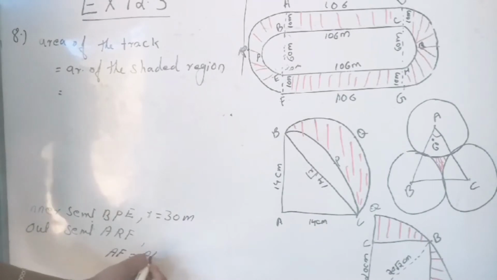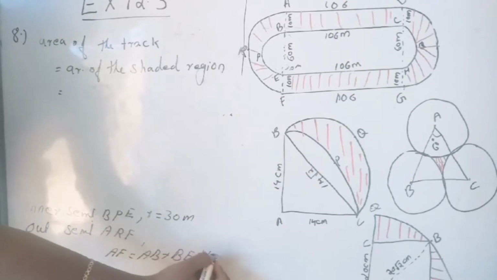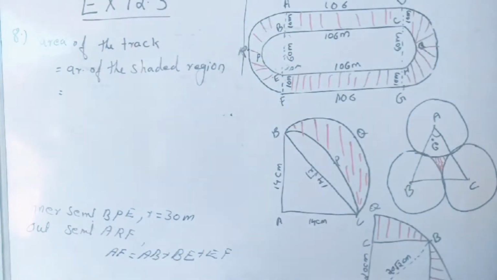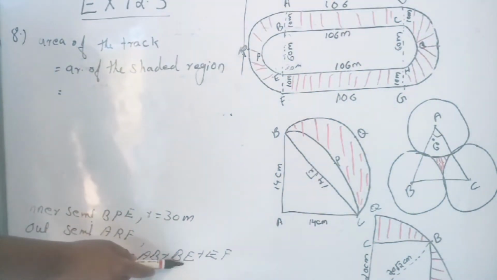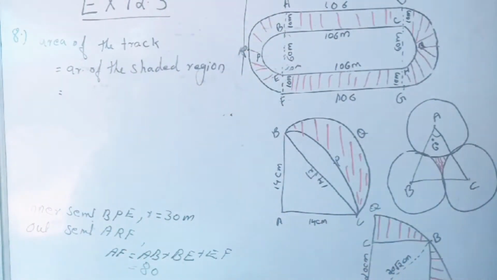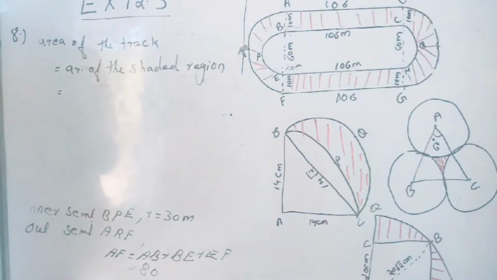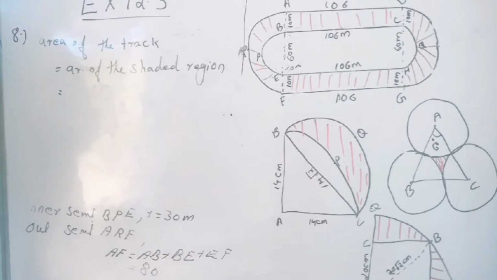We can write AF as AB plus BE plus EF, that is 10 plus 60 plus 10, so we get 80. So AF is equal to 80, and AF is the diameter of our outer semicircle.